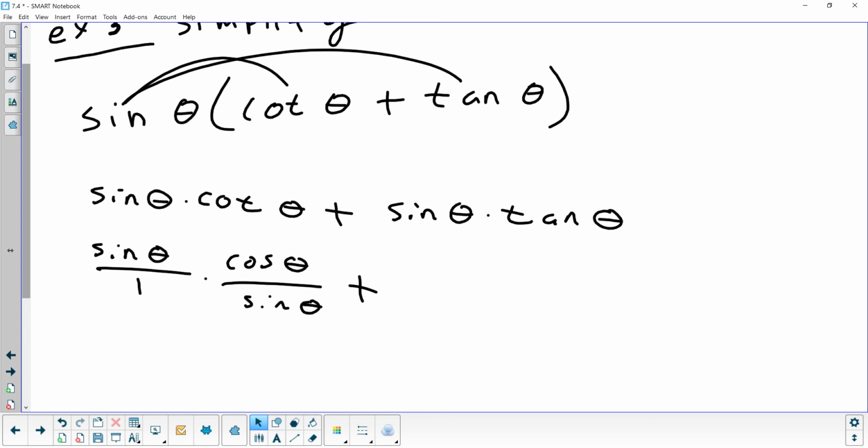Remember, think of a plus as a brick wall in the problem. You can't cancel anything on one side of a plus sign with something on the other side. Multiplication, yes. Plus, no. So we got sine over 1 plus, what's tangent? Yep, that's sine over cosine.